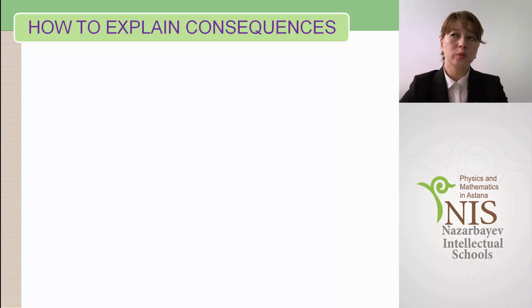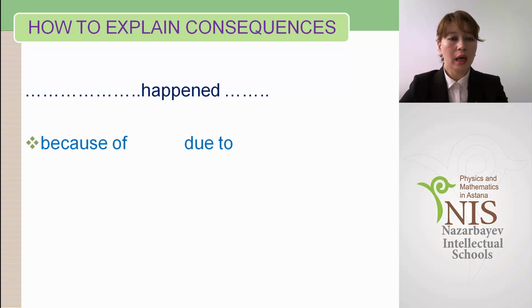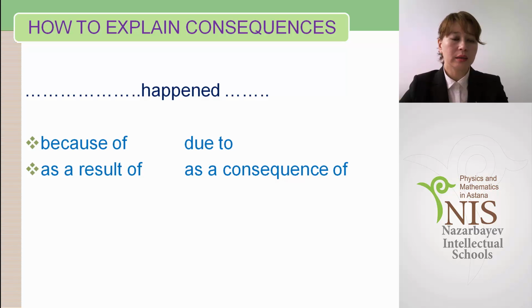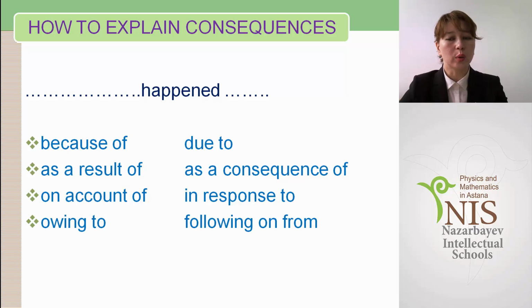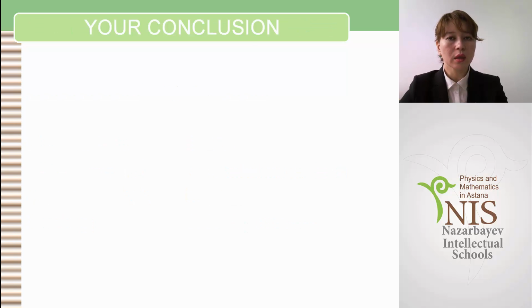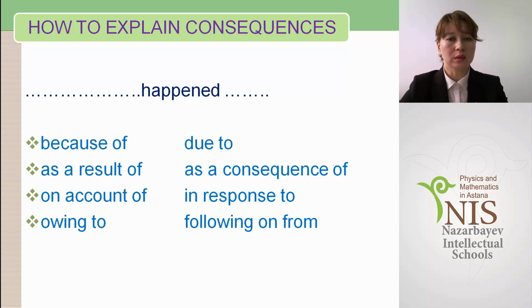Which words can you use to do it? Good ideas. Let's see. It happened because of or due to, as a result of or as a consequence of, on account of or in response to, owing to or following on from. Make your own sentences, guys, please.